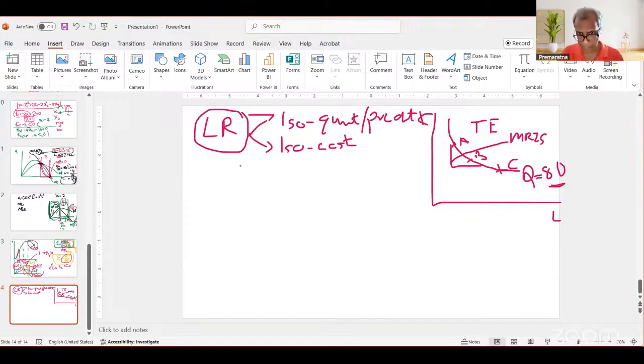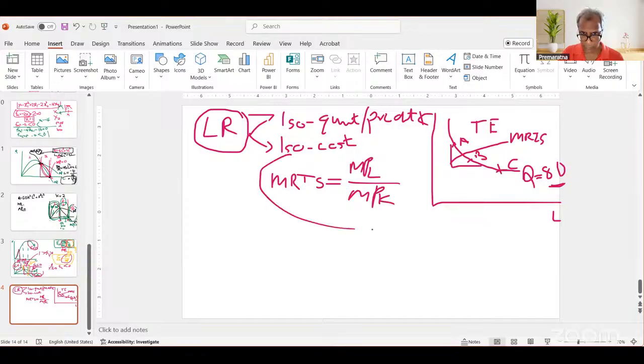How do you find MRTS? It's very easy. You divide the marginal product of labor by the marginal product of capital.